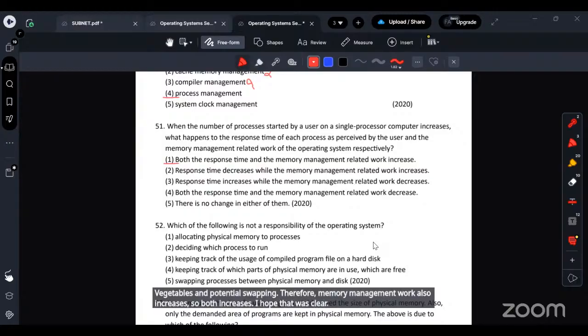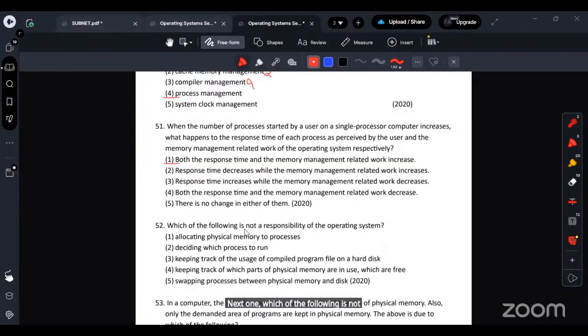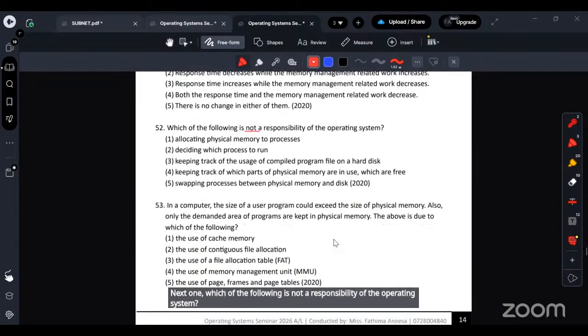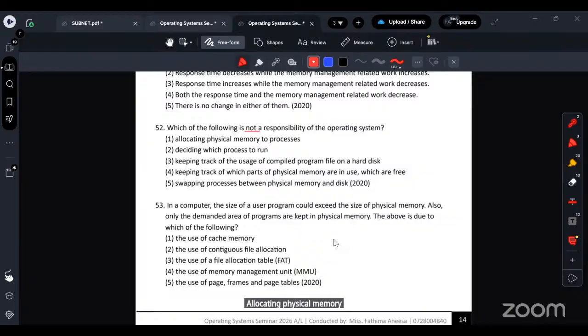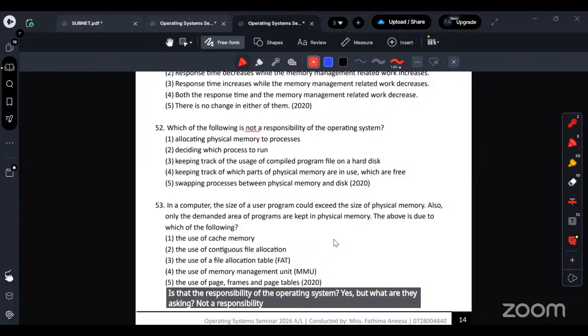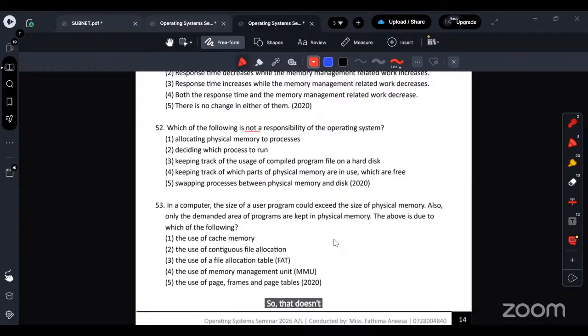Next one. Which of the following is not a responsibility of the operating system? Allocating physical memory to processes. Is that a responsibility of the operating system? Yes, but what are they asking here? Not a responsibility. So that doesn't come. Deciding which process to run, yes, it is a responsibility.